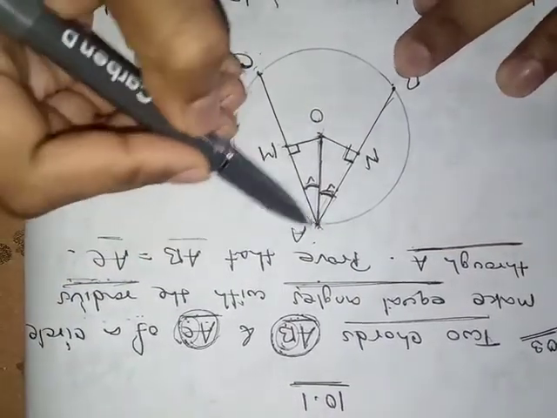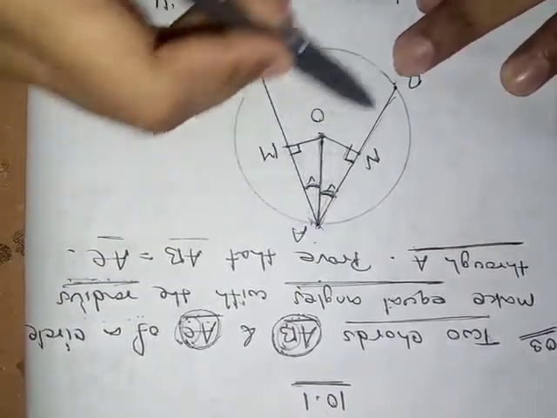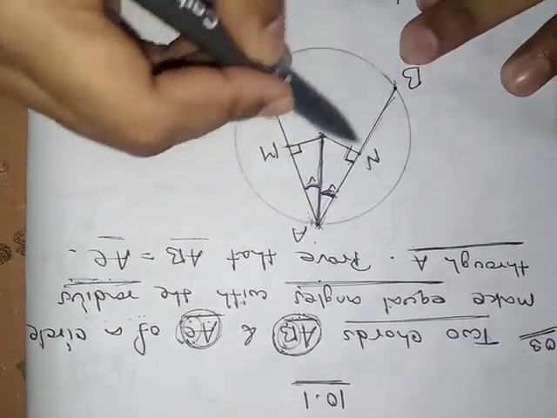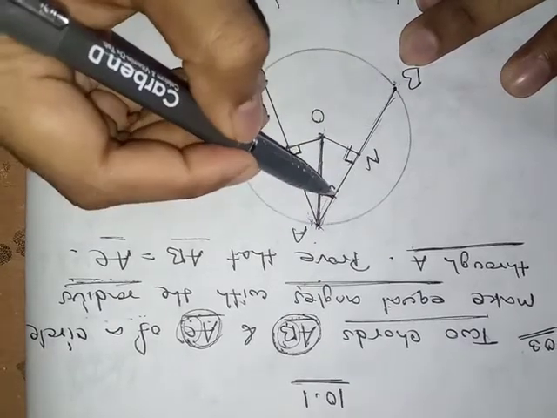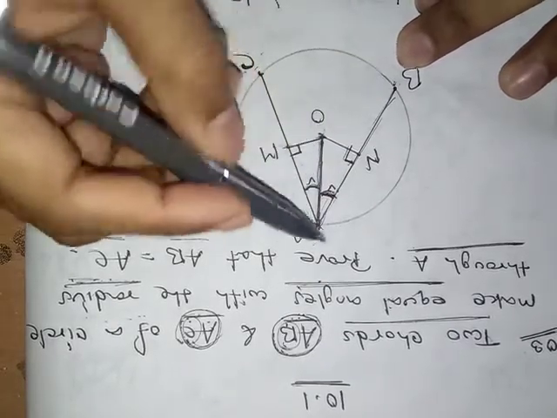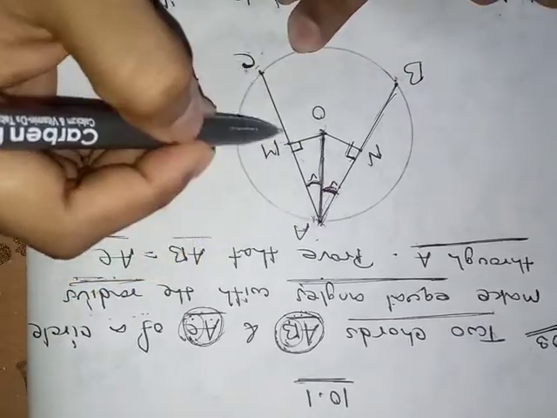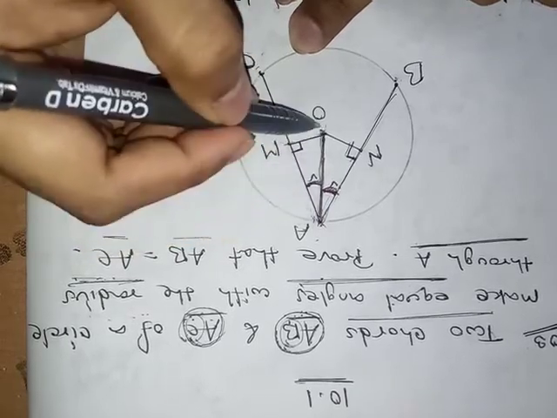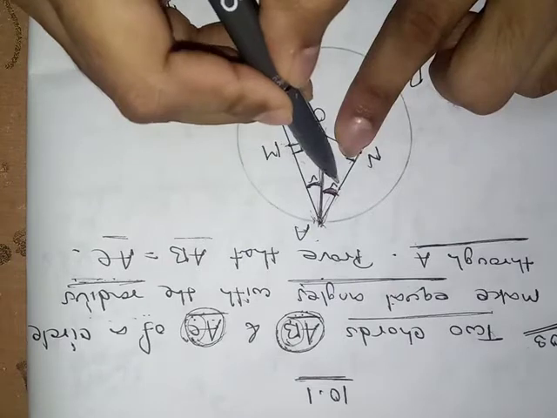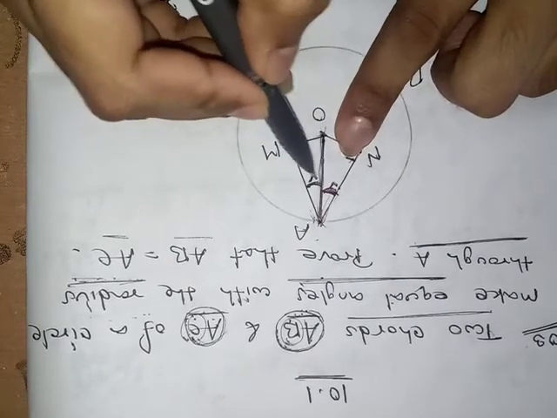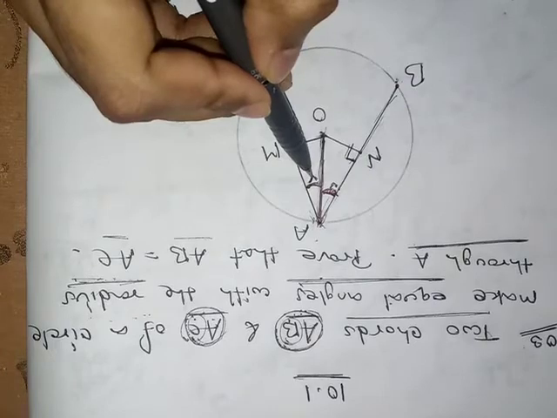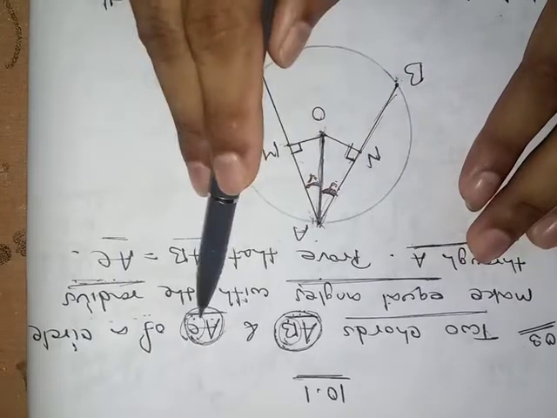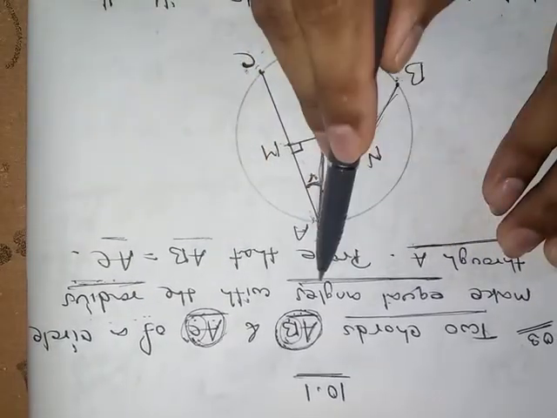Okay, first look at this chord AB. This chord AB makes an angle with the radius OA, and the second chord AC also makes an angle with the radius OA, and both angles are the same. The statement says two chords AB and AC of a circle make equal angles.